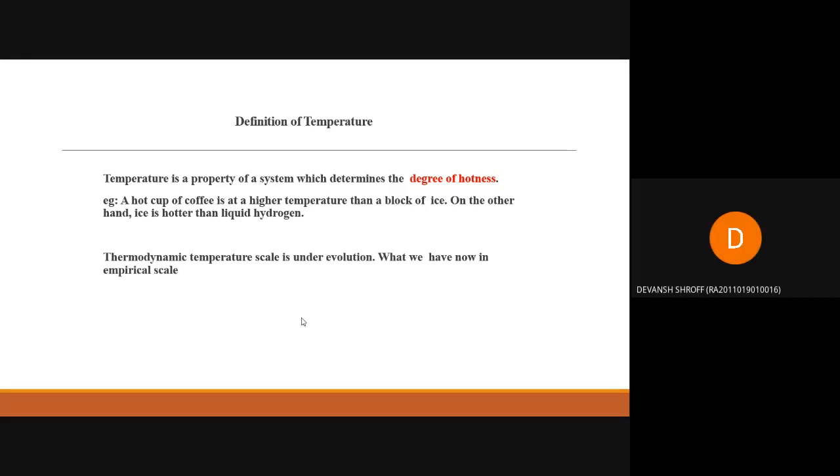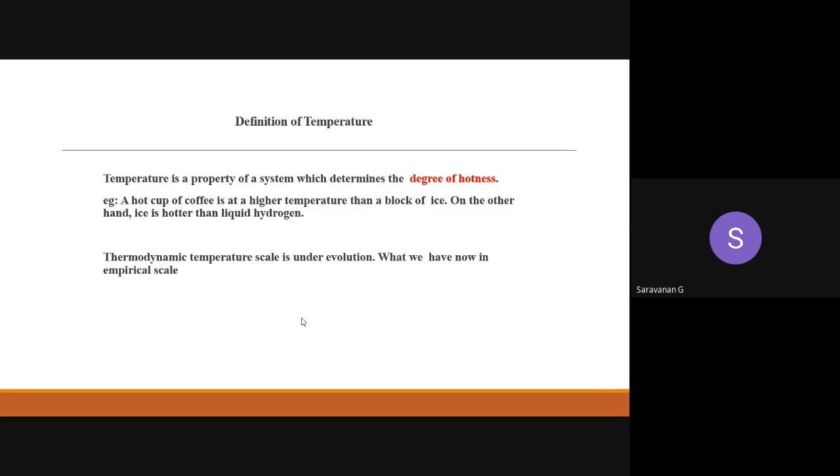Sir, extensive. Is temperature independent of mass or dependent on mass? Sir, mass dependent. Pressure, volume, and temperature: are they intensive or extensive? Find out and tell me.